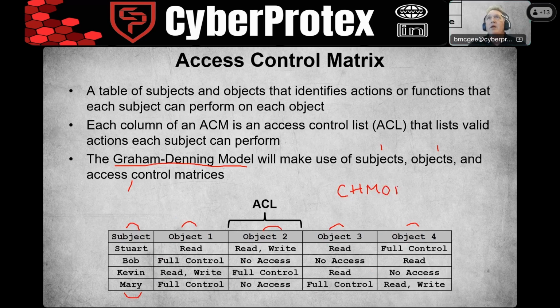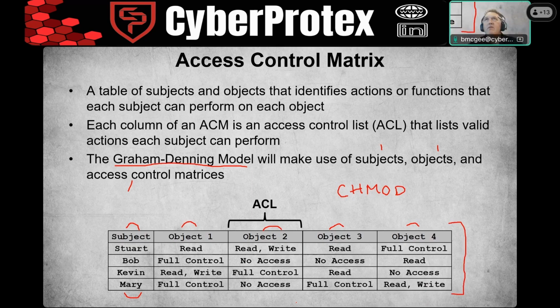It's not as pretty when you look at it in Linux as a table, but typically if you just print what the access controls are, it'll tell you what those values are for the subjects or the objects.